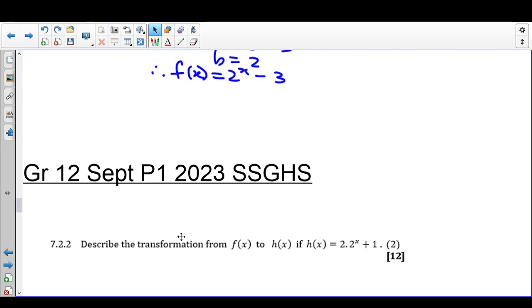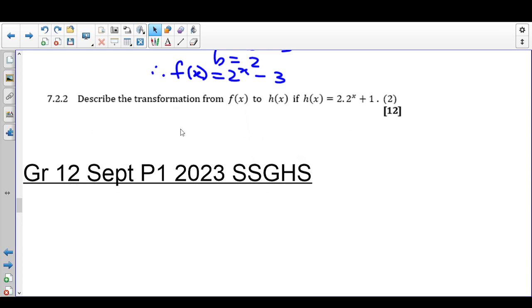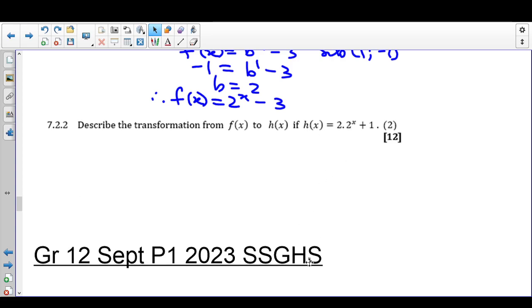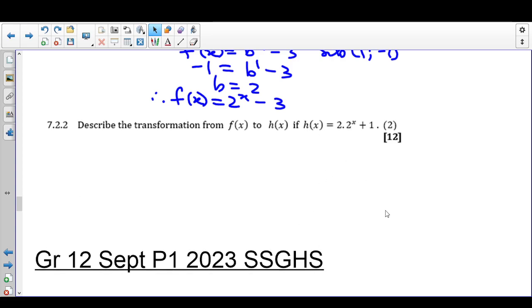Then we are told to describe the transformation from f, which is this equation, to h of x, if h of x is equal to 2 times 2 to the x plus 1. So firstly, what you should note here is that it has the same base. So h of x could also be written as 2 to the x plus 1 plus 1.